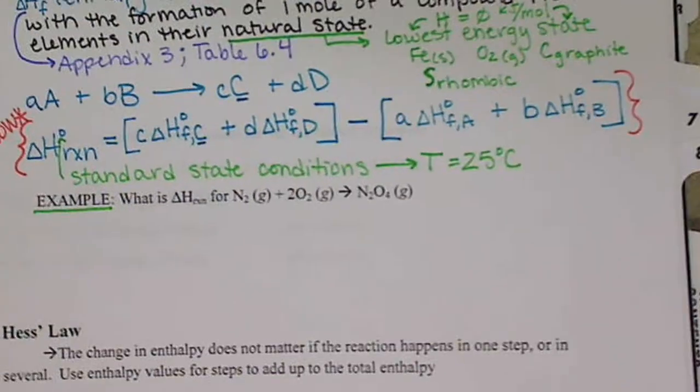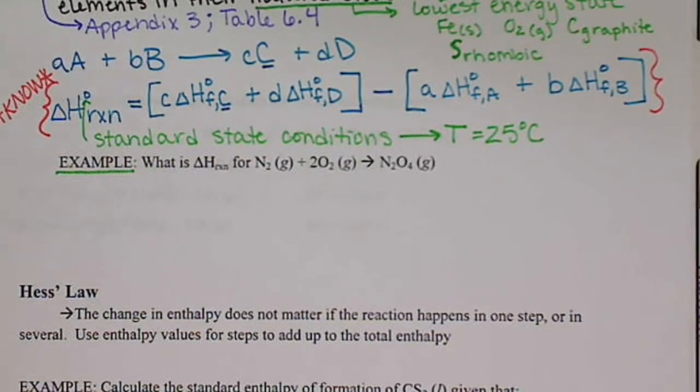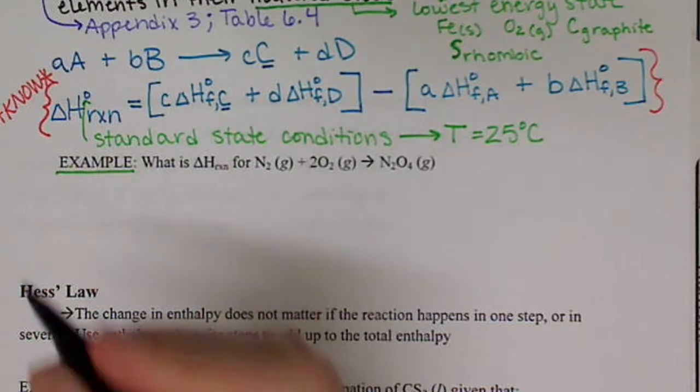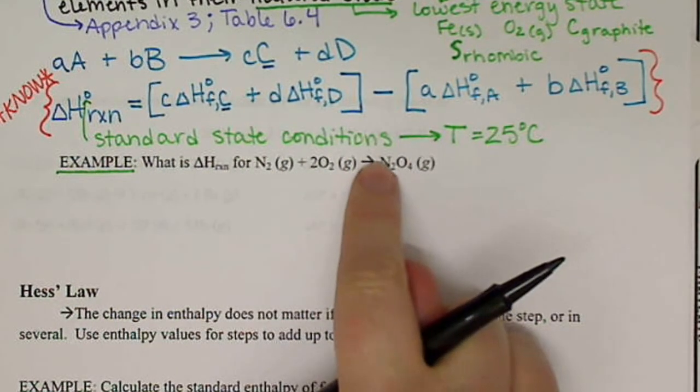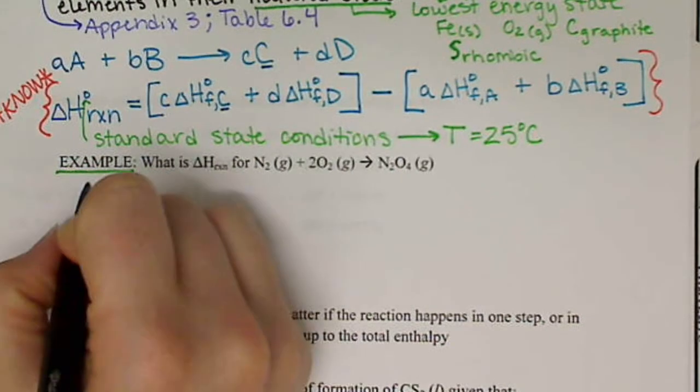So let's work an example. What is delta H of the reaction for the combination of nitrogen and oxygen gas forming dinitrogen tetroxide gas, so N2O4? So we're just following this setup here. We have our products minus our reactants.